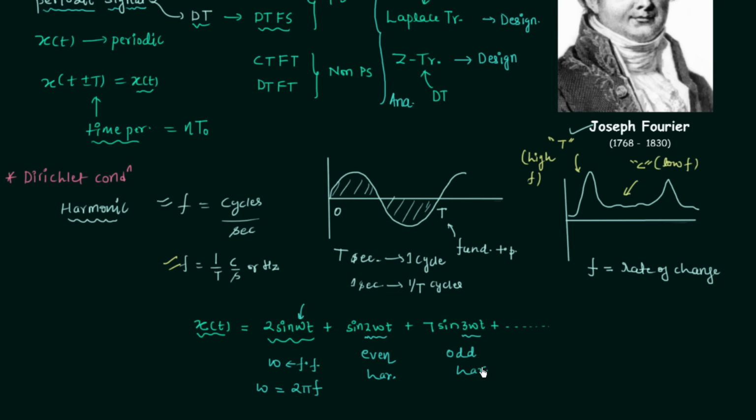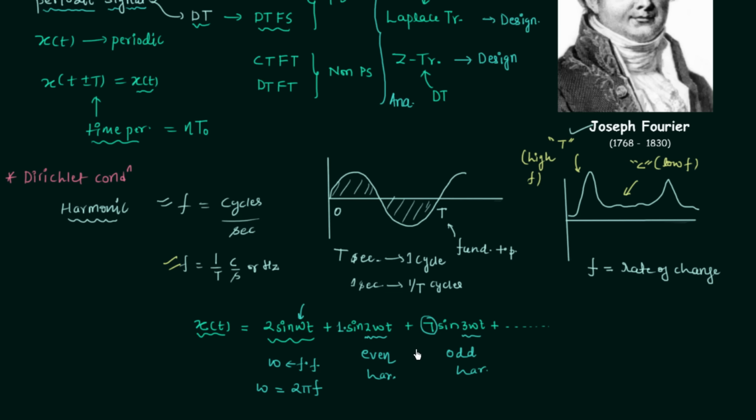Now if you focus on the coefficient, you will find here the coefficient is 1, but here the coefficient is 7. 7 is greater than 1, so we can say that the effect of third harmonic is more as compared to the effect of second harmonic. And if the same pattern is followed for the other harmonics also, we can say that odd harmonics are more dominant in this signal and even harmonics are less dominant.